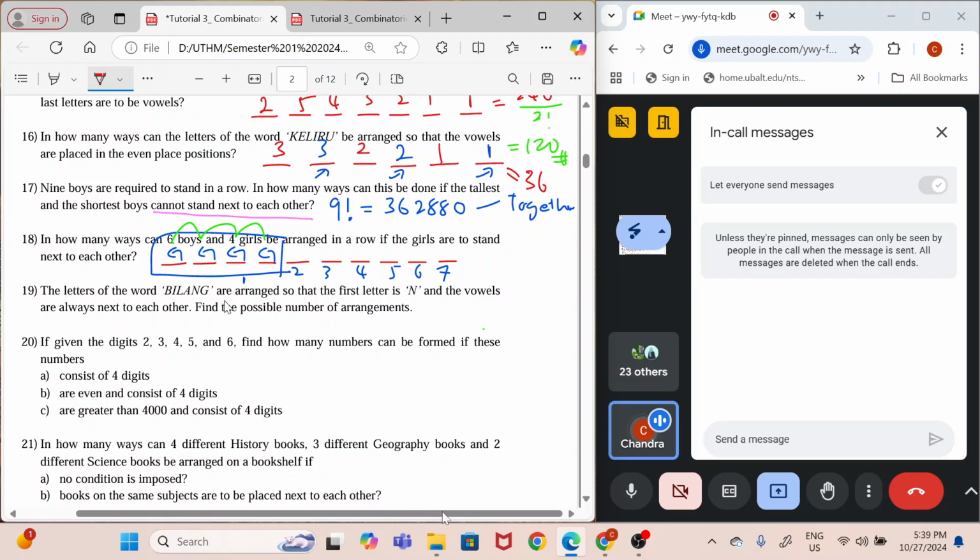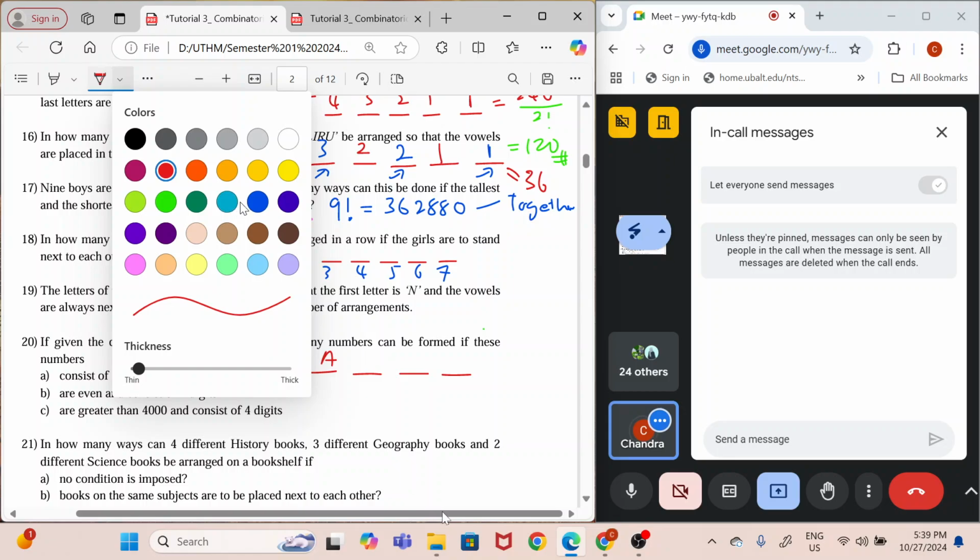The letters of the word BELONG are arranged so that the first letter is N and the vowels are always next to each other. N, how many altogether? 6. And the vowels are I and A. Okay, this is one gang.